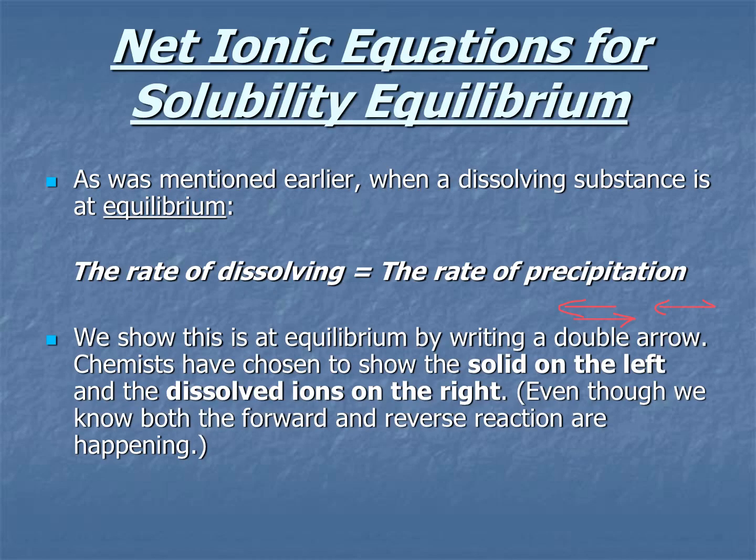Sometimes you'll also see it written like this. Chemists have chosen to show that the solid is on the left being dissolved into its ions on the right. This isn't necessarily how it would have to be done, but this is how it's written traditionally, so you should do it the same. So you always put your solid in equilibrium with its ions.